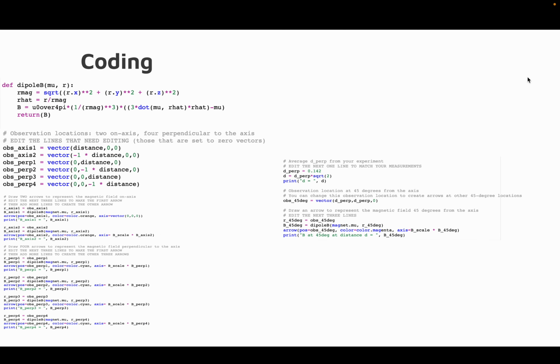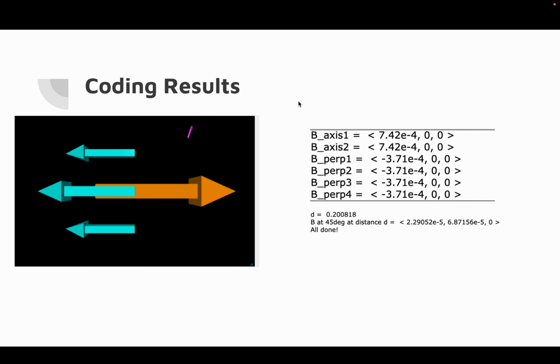Then here is the coding I had to do. The dipole moment can be computed as shown here, and we're orienting the various magnetic field vectors. On the next page, you can see the results of that.